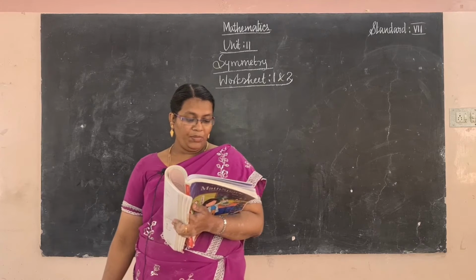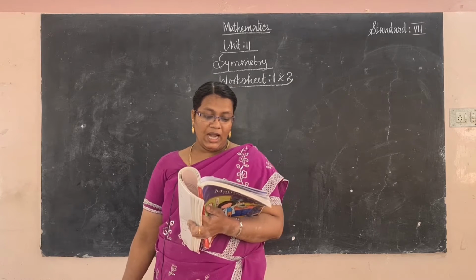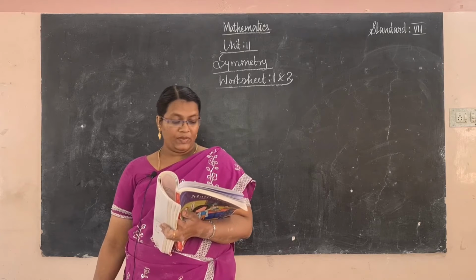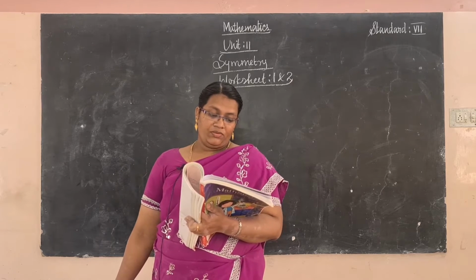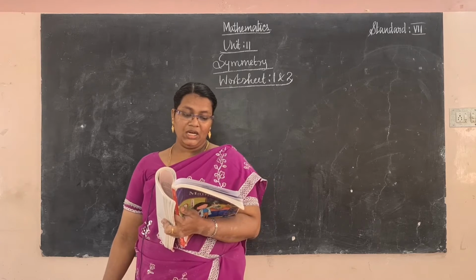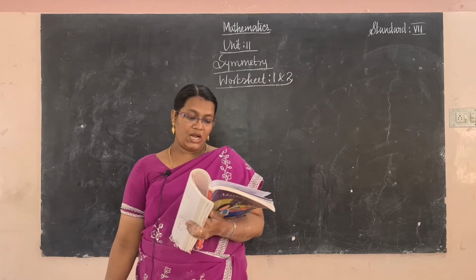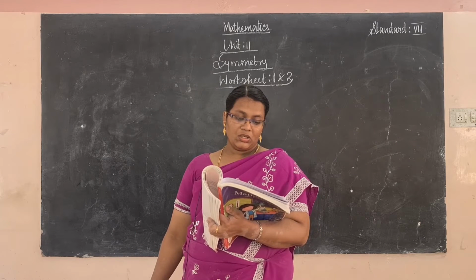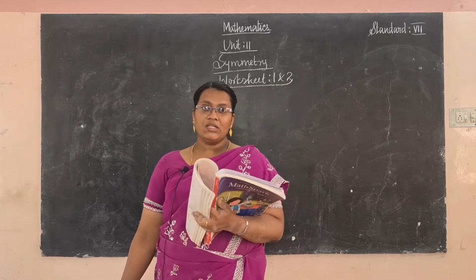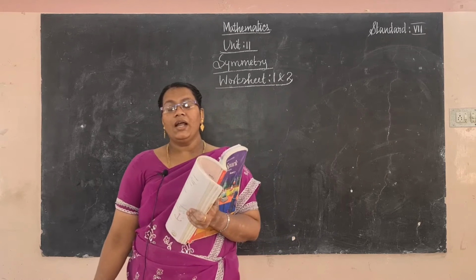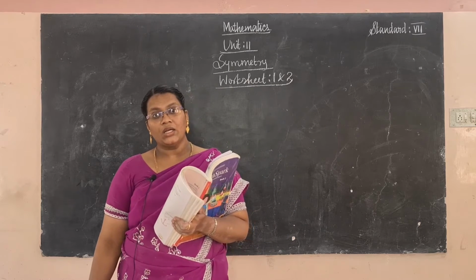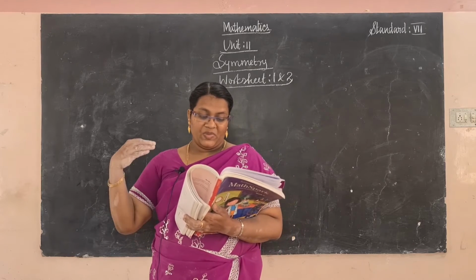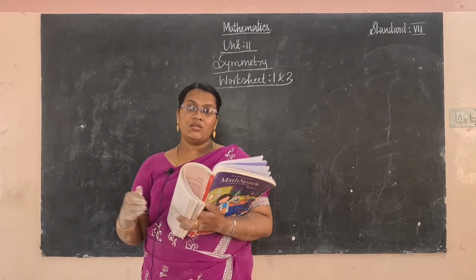Third one: name the figure which has 3 lines of symmetry and rotational symmetry of order 3. So the answer is the equilateral triangle. An equilateral triangle has 3 equal sides and 3 equal angles, and the lines of symmetry are also 3, and the order of rotation is also 3.